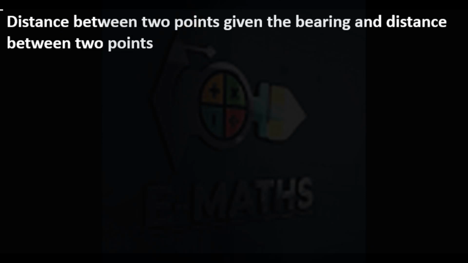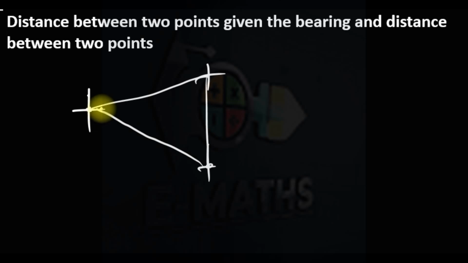We're on distance between 2 points, given the bearing and distance between 2 points. So common sense will tell us that if you have 3 points that are connected, maybe 3 points with their bearing, joining the 3 will form a triangle.